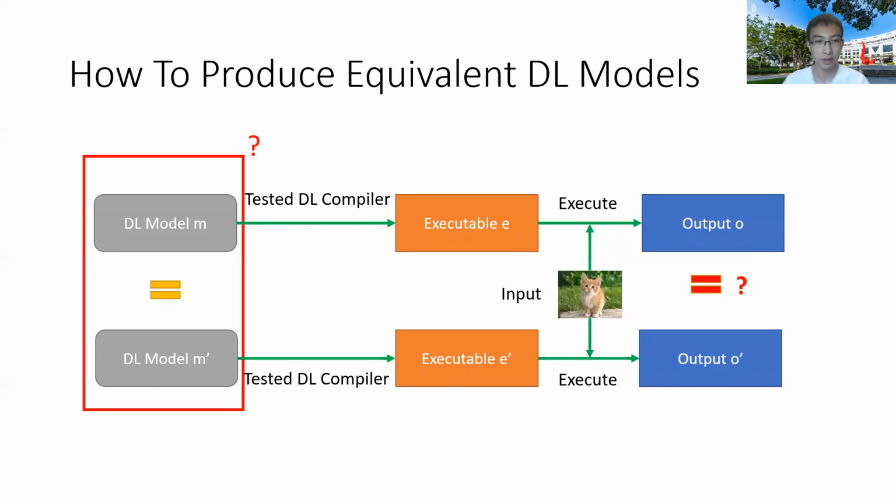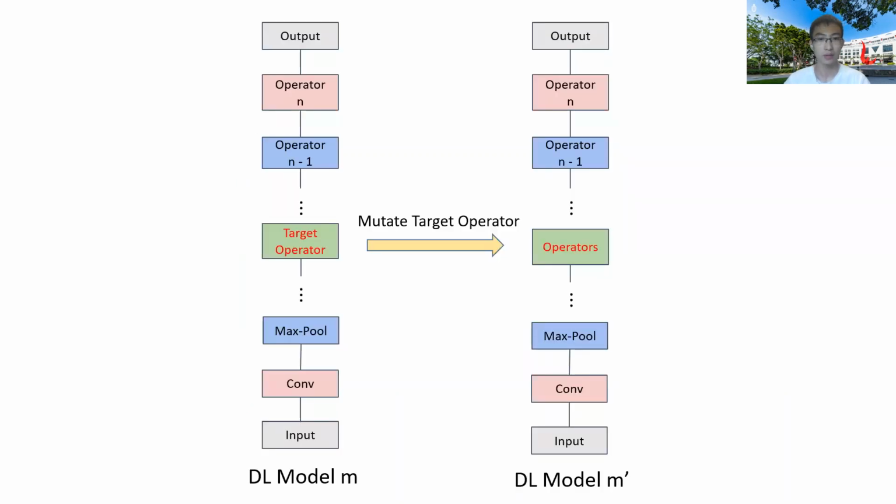But the challenge is, how do we produce two equivalent deep learning models? Well, this figure illustrates the basic strategy that we use. Basically, we use mutation. We start from a seed deep learning model M, and we randomly choose a target operator in the computation graph of M. In this case, we illustrate it in green.